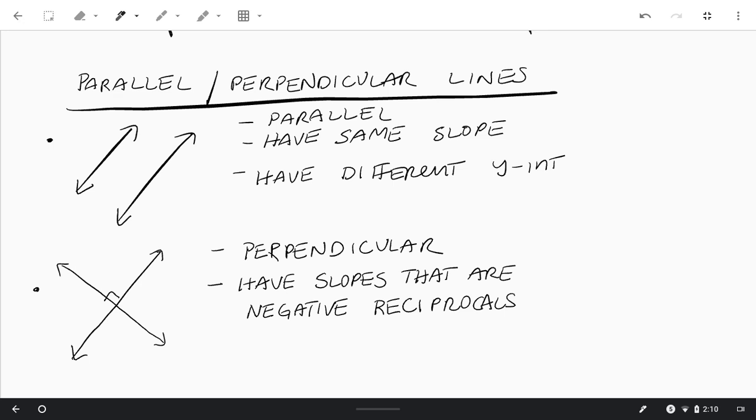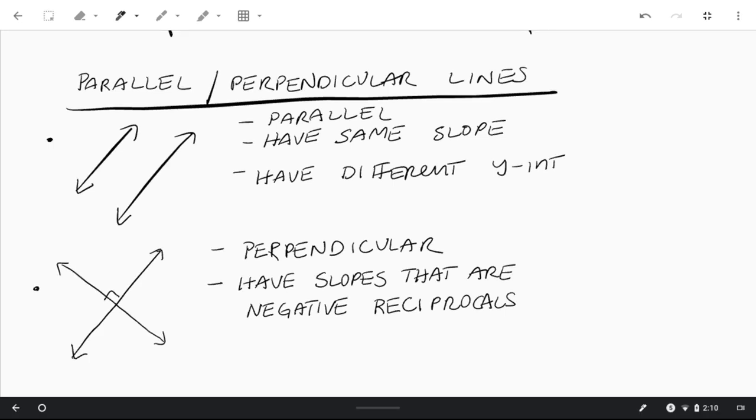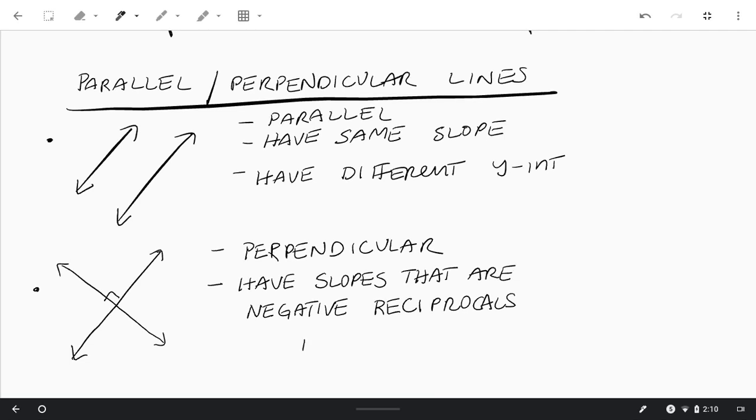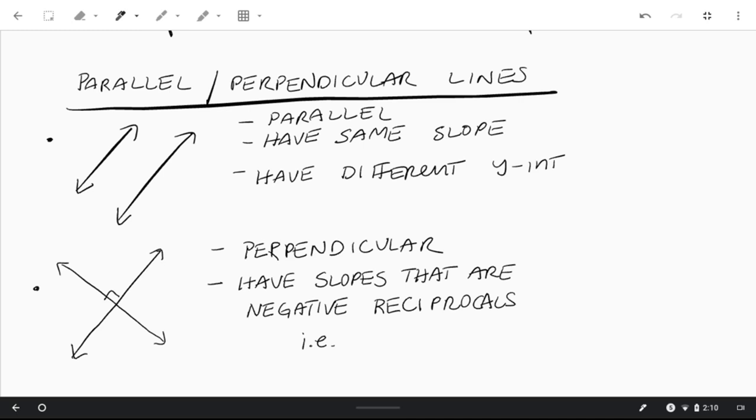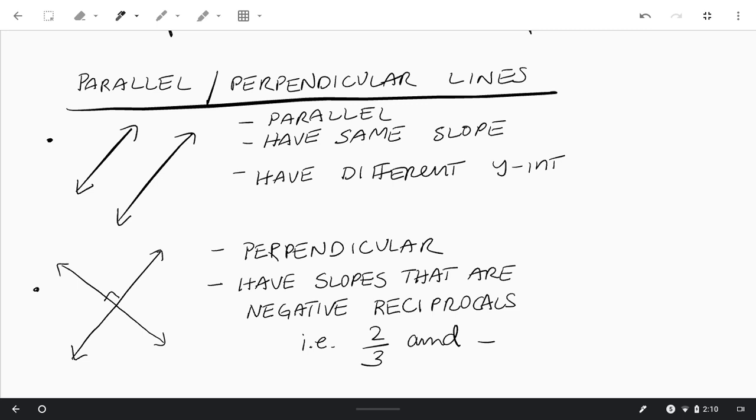Meaning, like if one of them has 2/3, the other one would have negative, so opposite sign and flipped. Okay. Okay, so that's what that means.